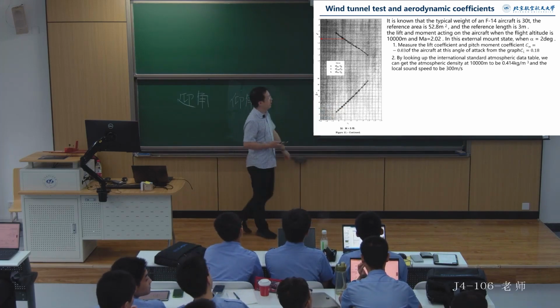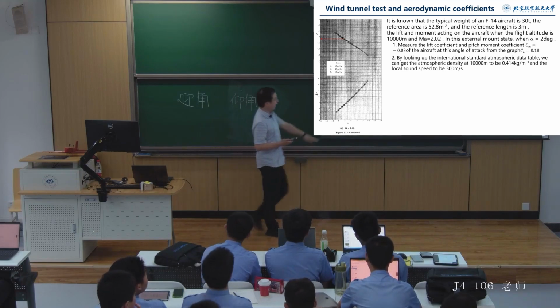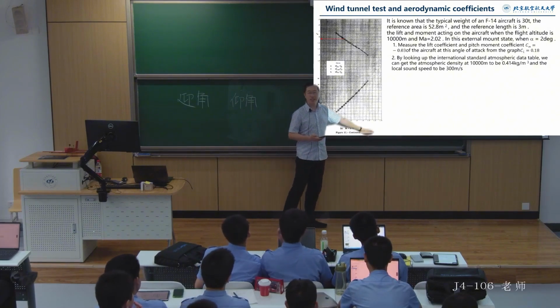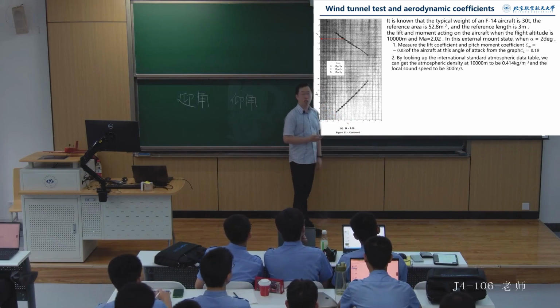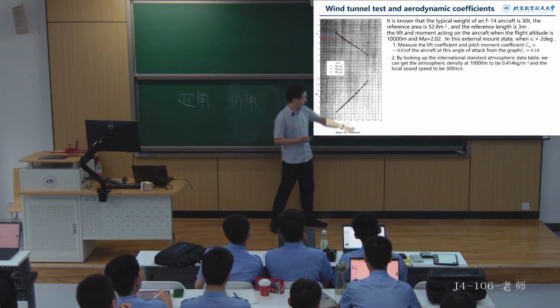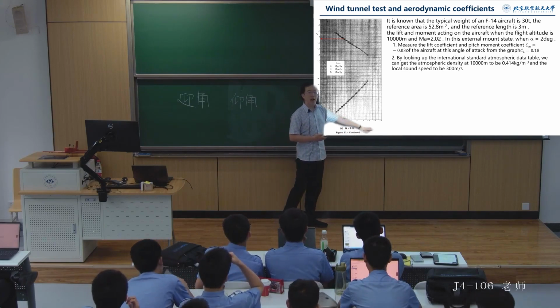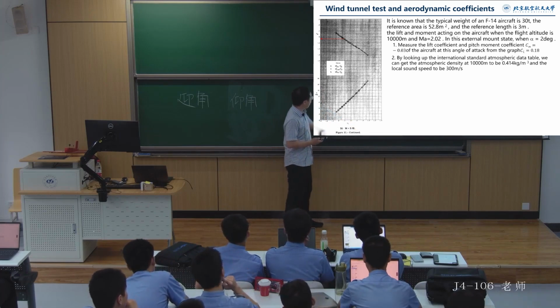So let's see what information this diagram provides. First, at the bottom, M equals 2.02. Its Mach number is actually 2.02. As for its horizontal axis, perhaps the students in the back can't see it clearly below. Can those in the front see it? CL is the lift coefficient. And then, the first coordinate is at this position.